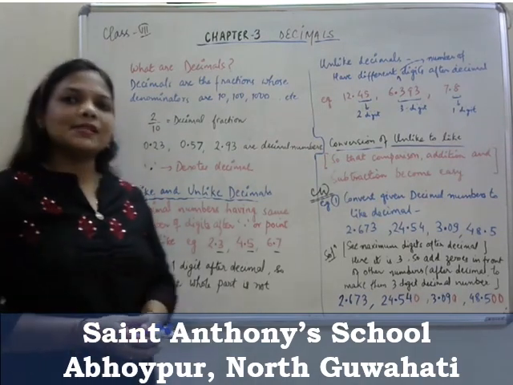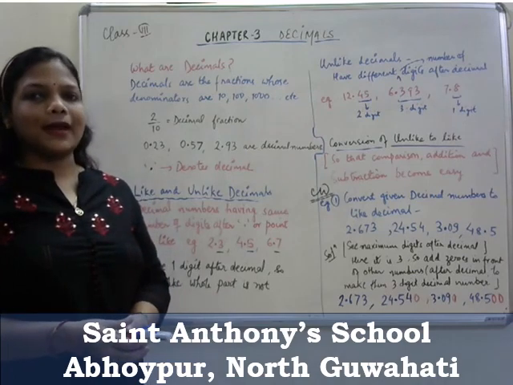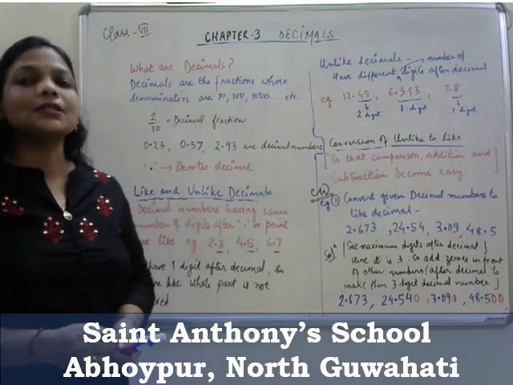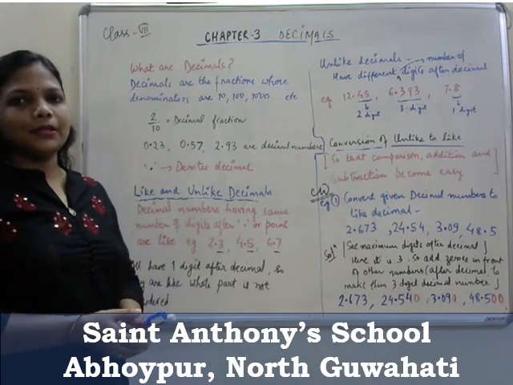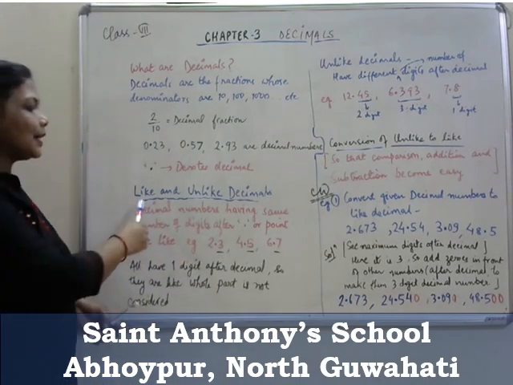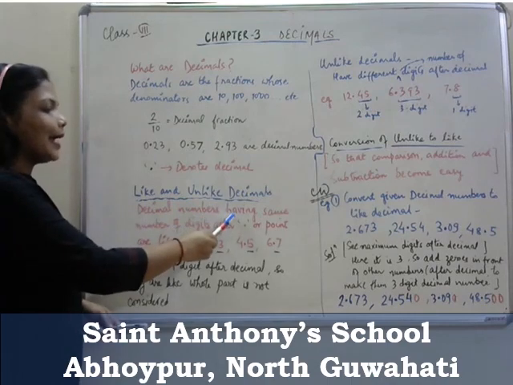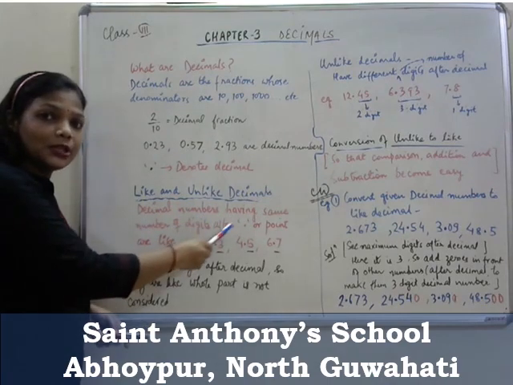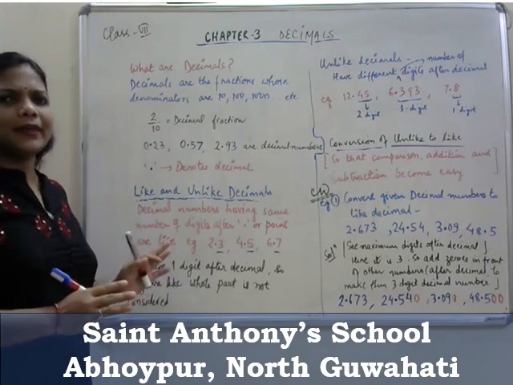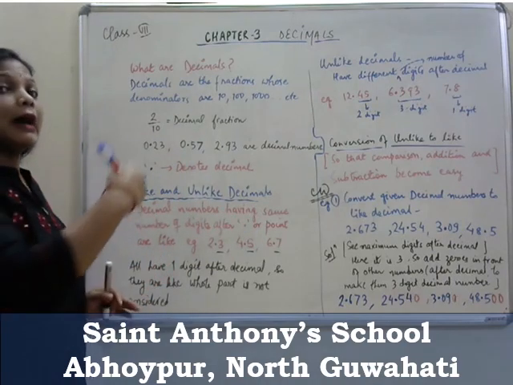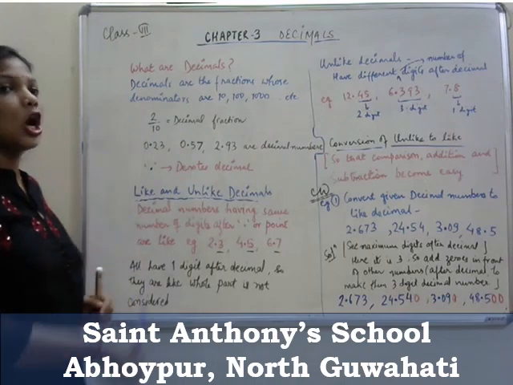So first we will start with like and unlike decimals. Sorry, not fractions, decimals. Now, what are like and unlike decimals? Like decimals are the decimals that have the same number of digits after the point. Before the point they can have any whole number, no problem. But after the decimal we have to see how many digits are there.